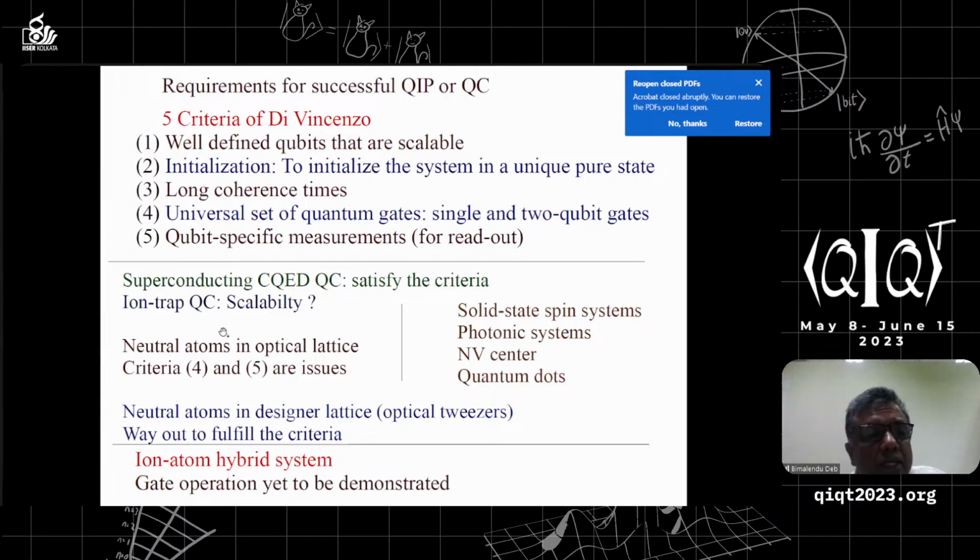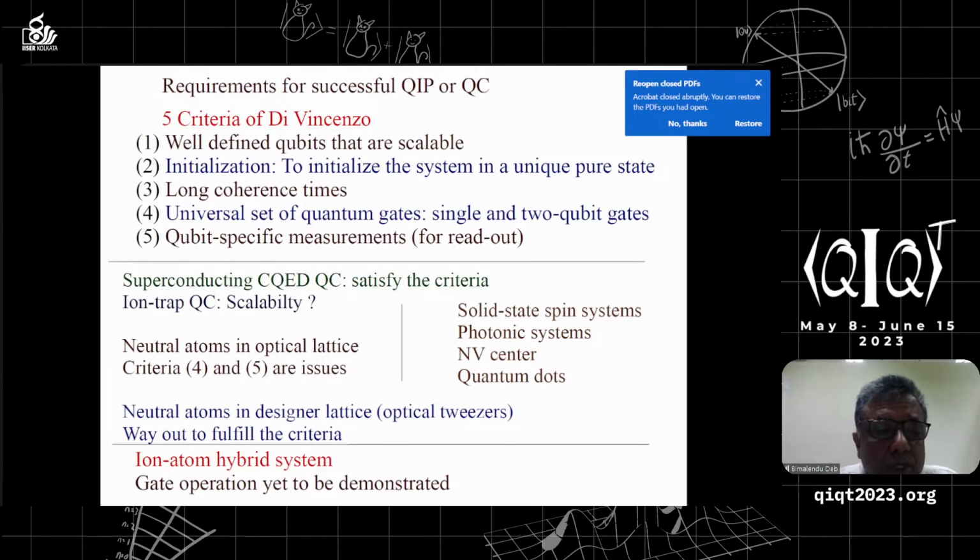And then another important quantum computing platform is the ion trap quantum computing platform. But ion trap is also used to simulate quantum many-body systems and spin systems. But in ion trap, scalability is a question mark because ions interact through long-range Coulomb interactions.